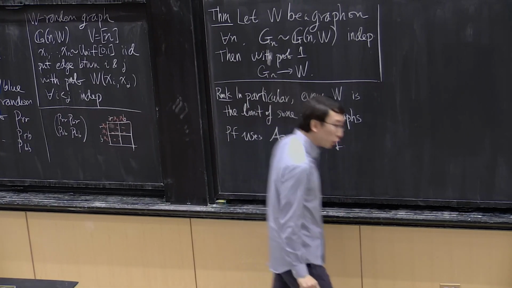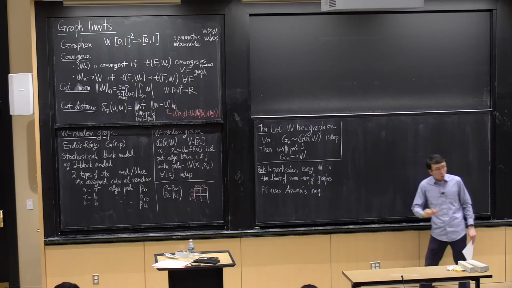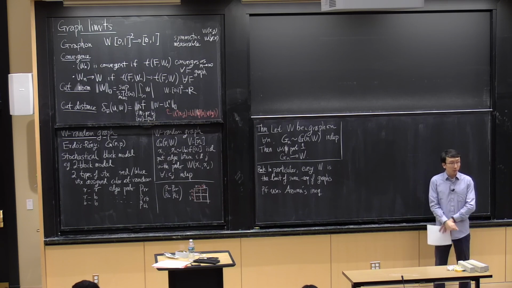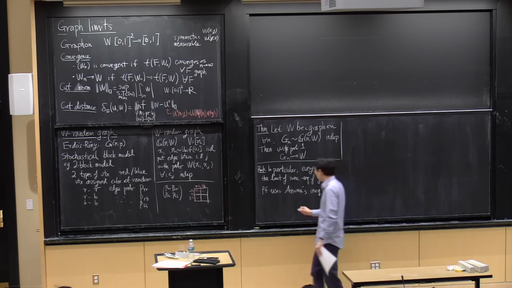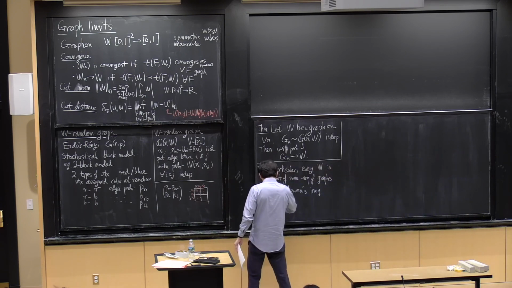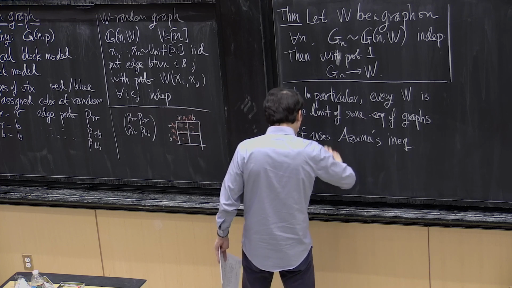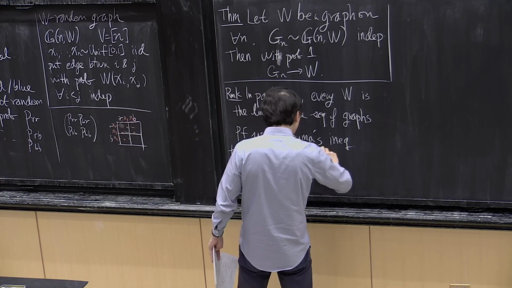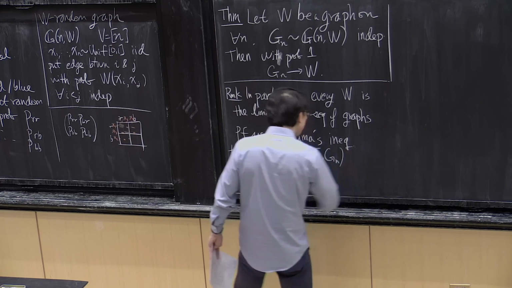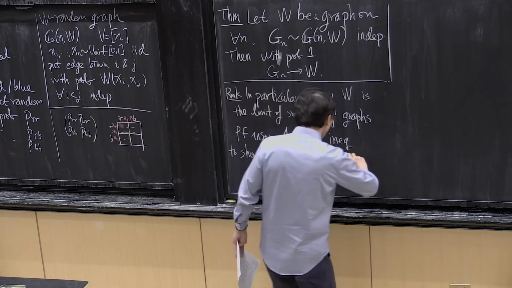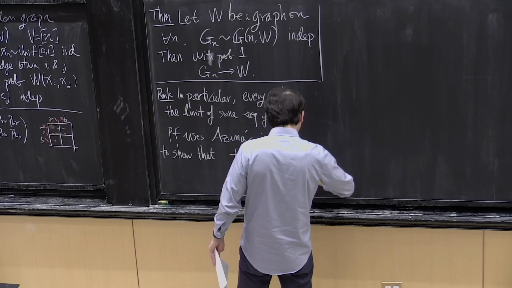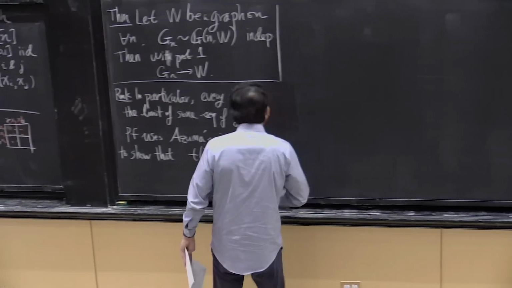So by an appropriate application of Azuma's inequality on the concentration of martingales, one can prove this theorem here by estimating the probability, to show that the probability that the F-density in G_n is very close to the F-density in W with high probability.